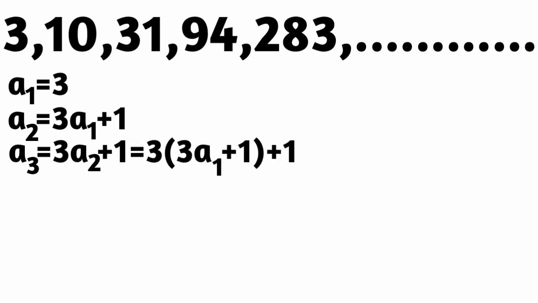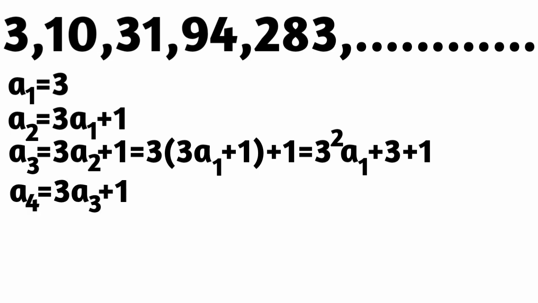So by putting the value of a2 we get 3 into (3a1 plus 1) plus 1. Now we see that the third term is also in terms of a1. Again the third term a3 can also be written as 3 square a1 plus 3 plus 1. We will not add 3 and 1, because we have to generalize its formula.